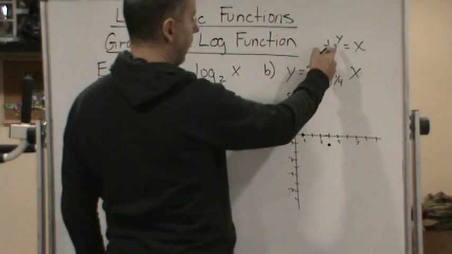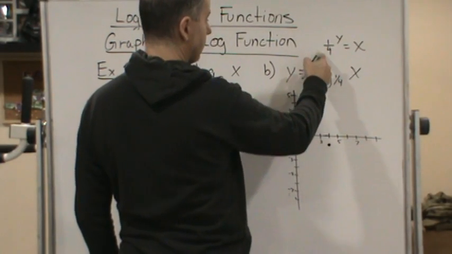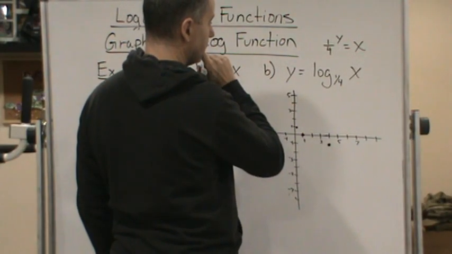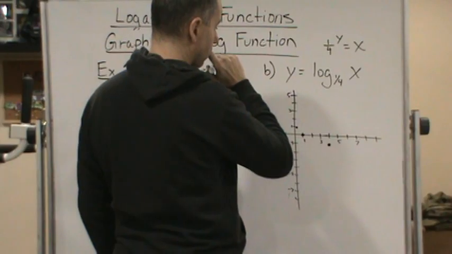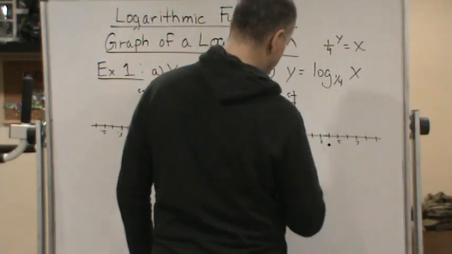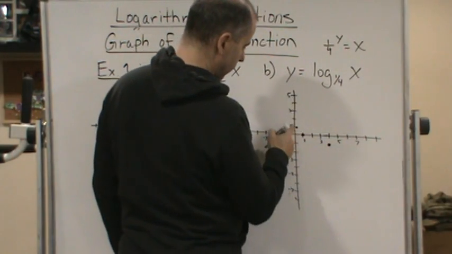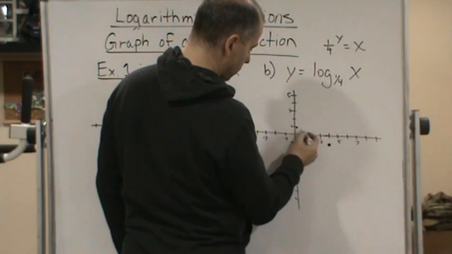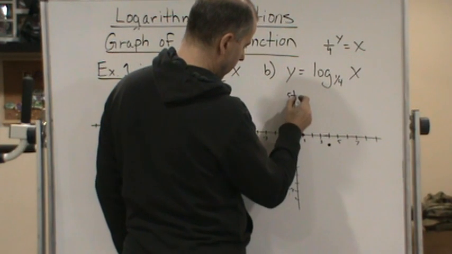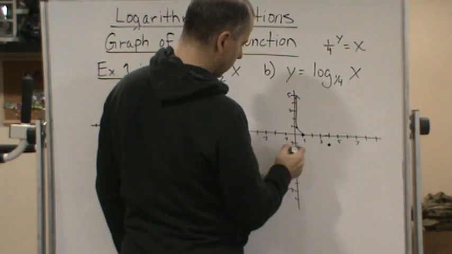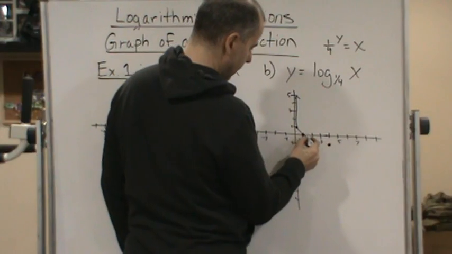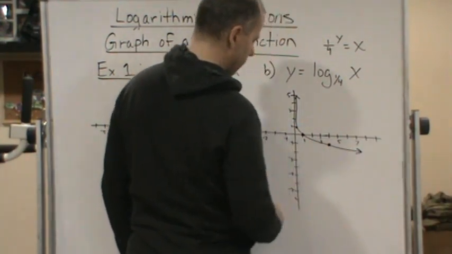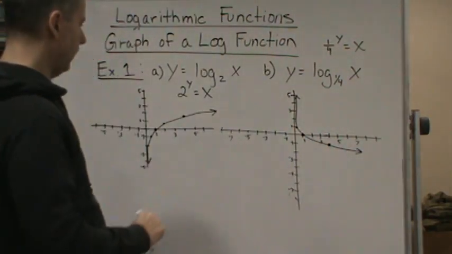If we use y equals -2, that's going to make this equal to 16. So that's going to be way out here. But if you notice, it's kind of like doing this. As we get closer and closer to the y-axis, this is going up like that, getting closer and closer to the y-axis. And then this is going off to infinity.